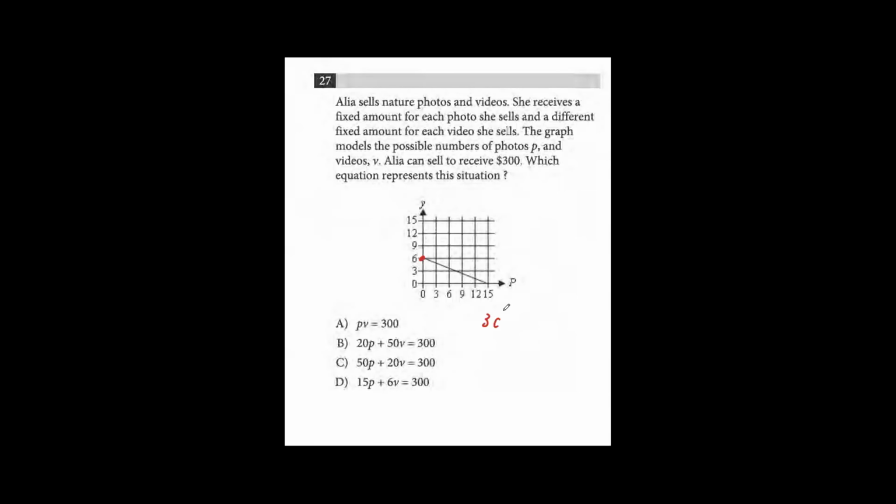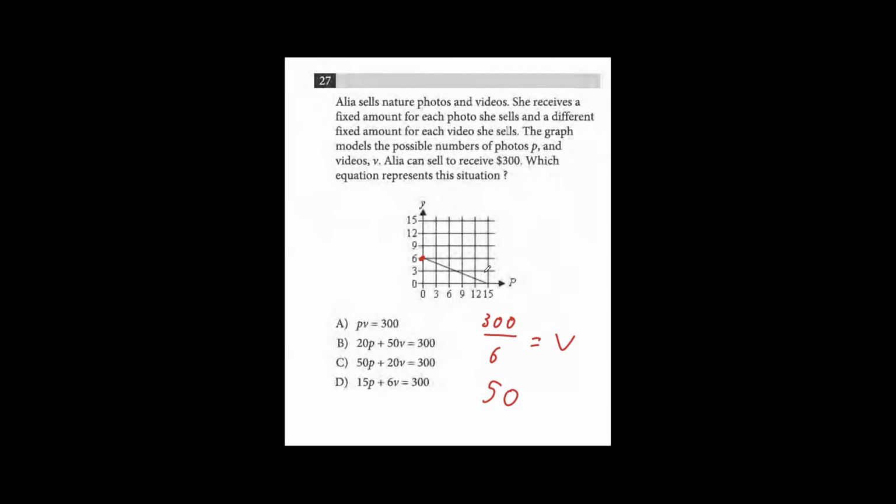So we have 300 over 6 equals the value for V. In this case, it seems like it's actually supposed to be V. I don't know why this says Y here. It's kind of weird. Anyway, 300 over 6 is 50.